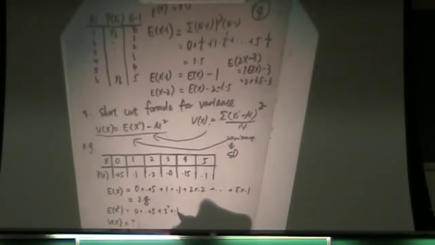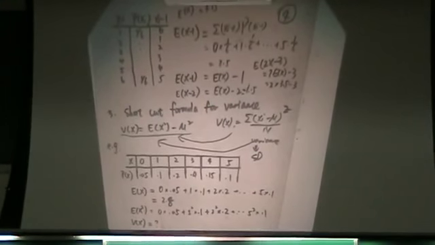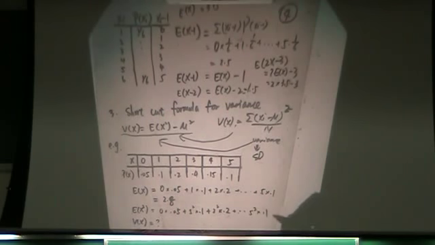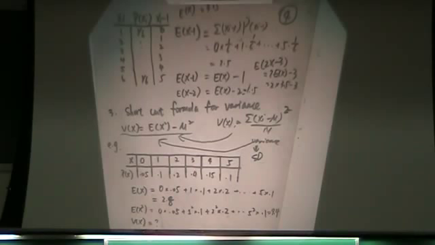Times the probability of it, and then plus 2 squared times 0.2. We do the same thing down to 5, so it's 5 squared times 0.1. So the final answer here is just 9.4. Okay.